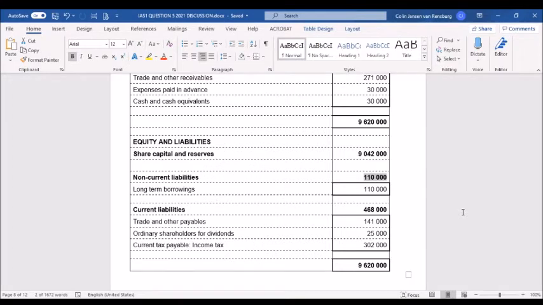That portion will then be a current liability. So we will take that portion out of the non-current liabilities, and we'll have a new item under current liabilities. It's still a long-term loan, but it's the short-term portion of that long-term loan. We'll call it the current portion of the long-term borrowings. Anyway, so that is our one non-current liability.